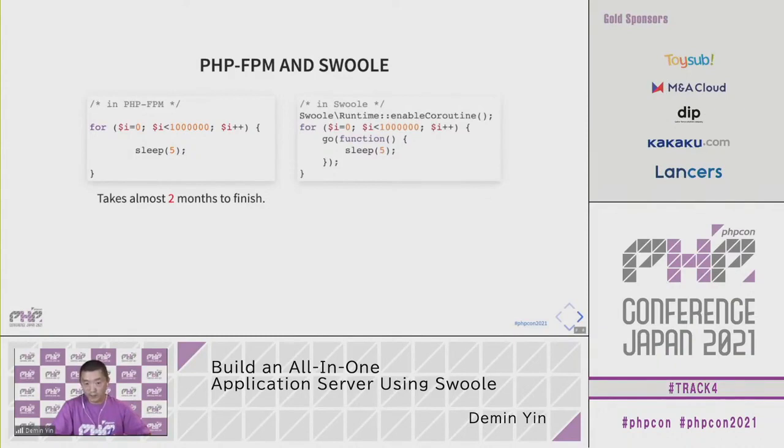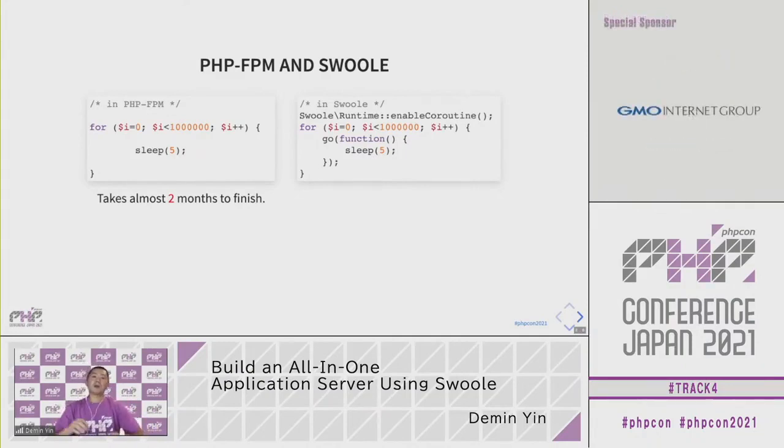First we call a method called enable coroutine to allow IO operations to work asynchronously. Then we still have a for loop running 1 million times, but instead of calling the sleep method directly, this time we use the go keyword to create a coroutine first, then wrap the sleep function call in it.